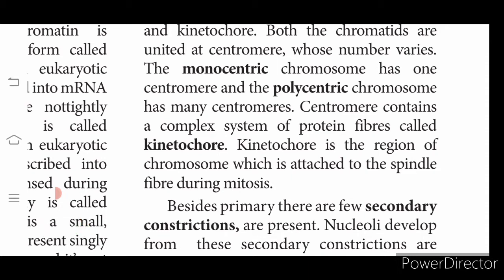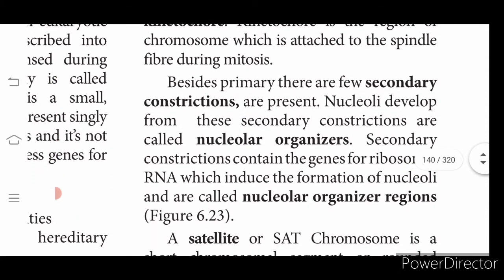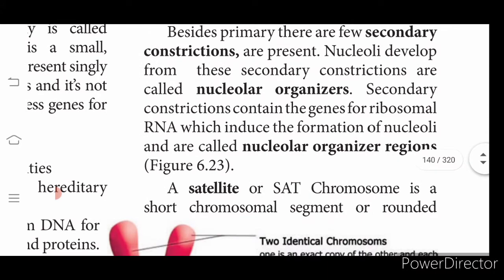Centromeres contain a complex system of protein called the kinetochore. This kinetochore is responsible for the formation of spindle fiber. Where do you want spindle fiber? I told you, during cell division. The secondary constriction and primary constriction are present, and they are called the nucleolar organizers.